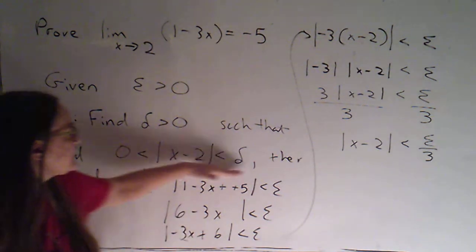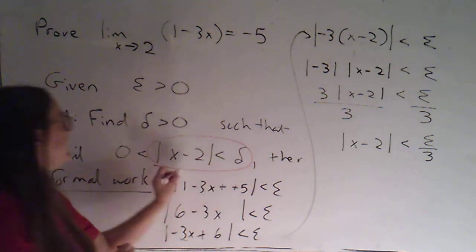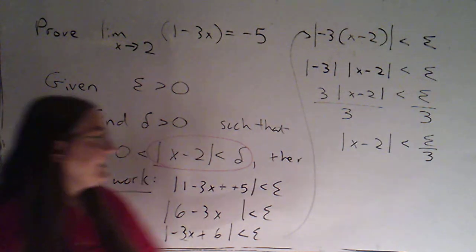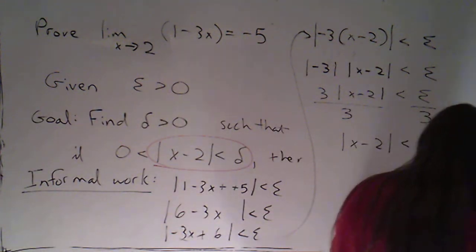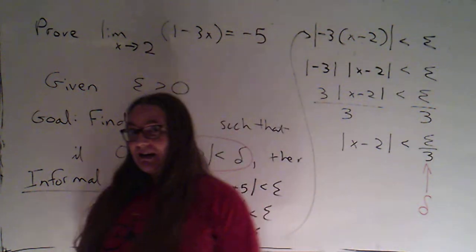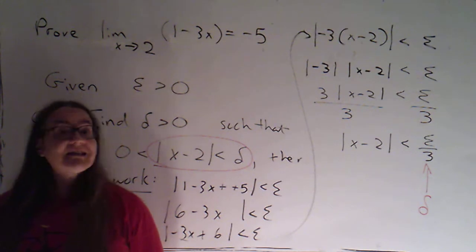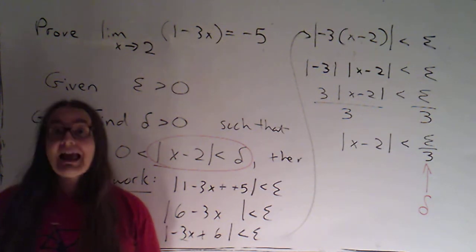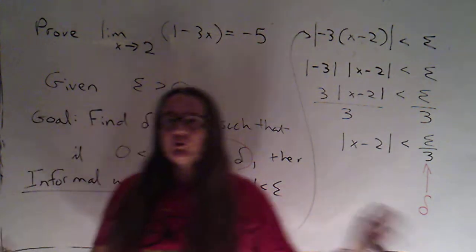Okay, this part of the inequality right here, this is the part that's telling me that x is close to 2. And I'm thinking this is telling me how close it needs to be. So I'm thinking that's my delta. That's my standard of closeness, or my tolerance for my x values. Okay, so that's the informal work.